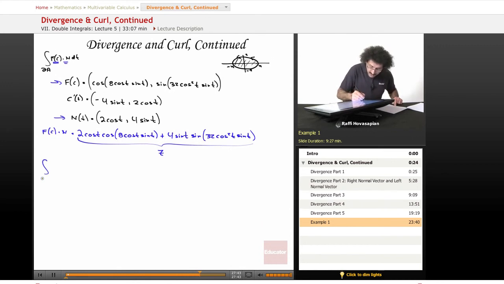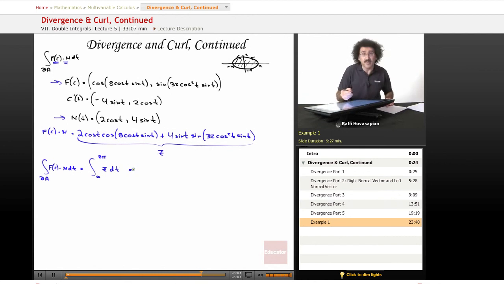Therefore, the integral around the closed curve of f of c dot n dt, in other words, the flux of this vector field across this closed curve, is going to equal the integral from 0 to 2 pi of z dt. When I put it into my math software, I get the number negative 0.5466. It's just a number, a negative number.